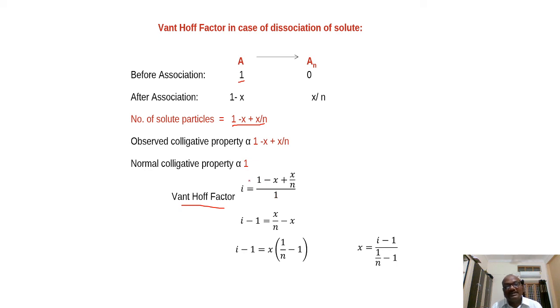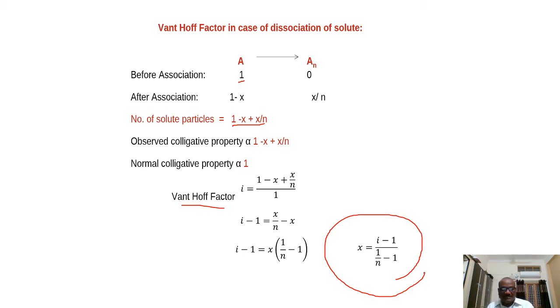We shift 1 this side, so i minus 1 becomes equal to x by n minus x, or i minus 1 is equal to x is common, 1 by n minus 1. Or you write the equation for x: x is equal to i minus 1 by n minus 1. So x is the degree of association.